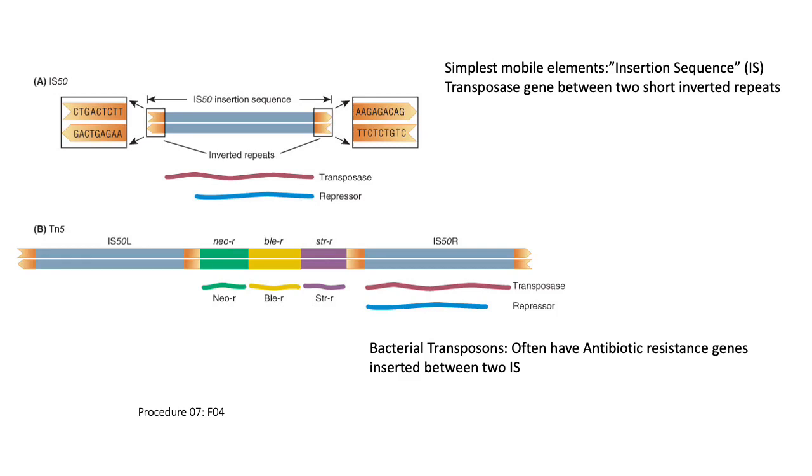But it also has insertions of a bunch of, in this case, antibiotic resistance genes. This one in particular, the neo is resistance against neomycin, the ble is resistance against bleomycin, and the str is resistance against streptomycin.